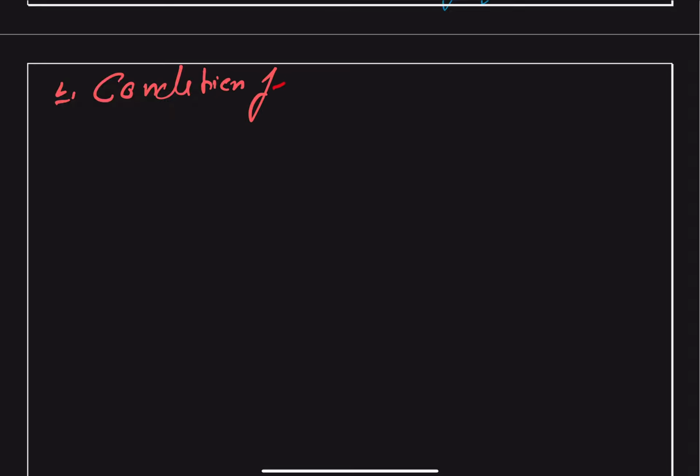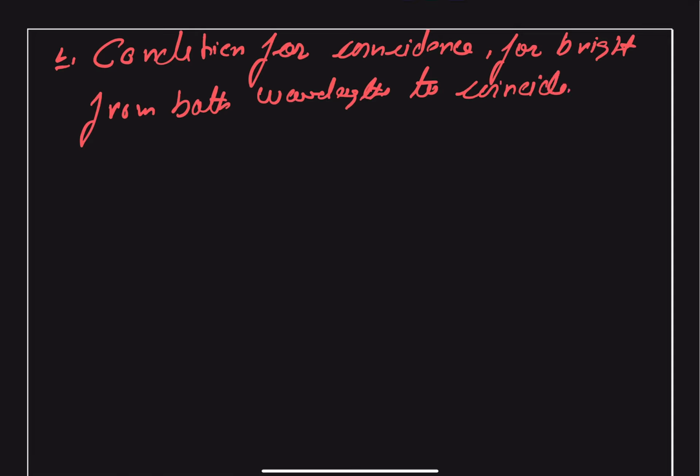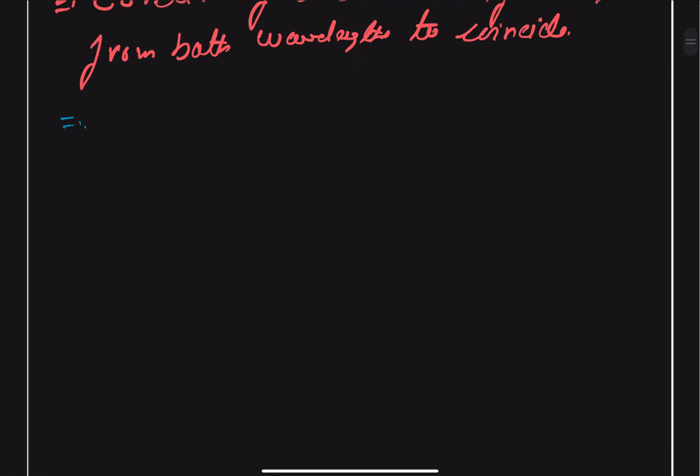The condition for coincidence of bright fringes from both wavelengths to coincide, we can write as m1 lambda 1 L divided by d, and the distance of the screen from the slits in both cases will be the same, so ultimately it is going to cancel out.